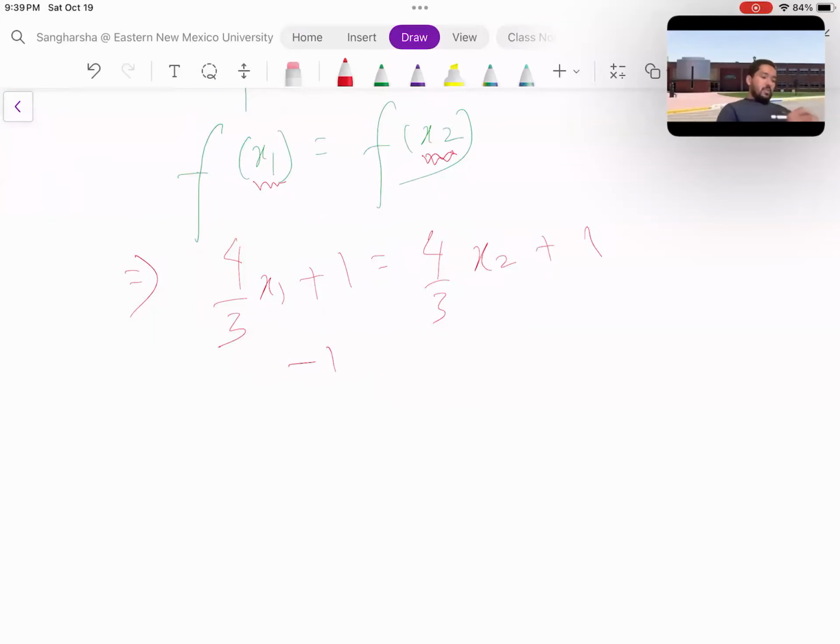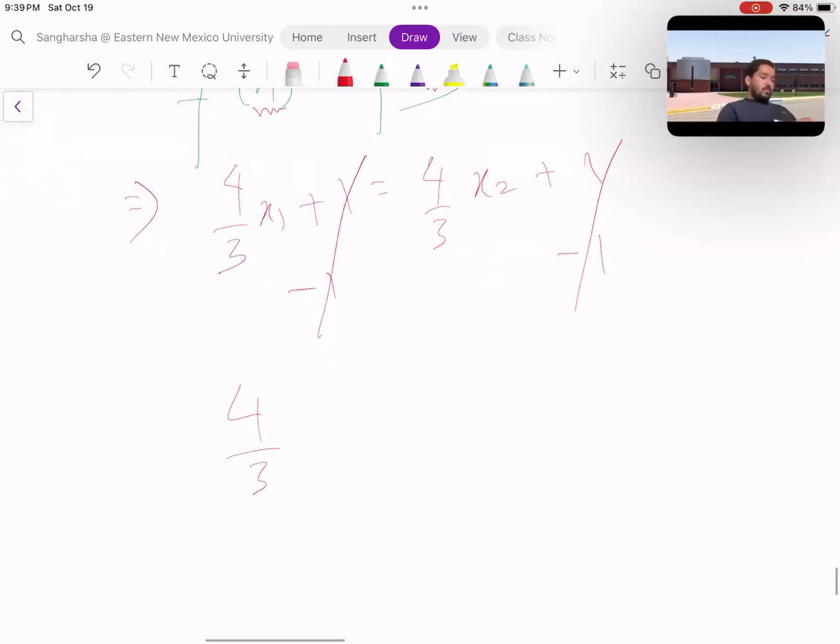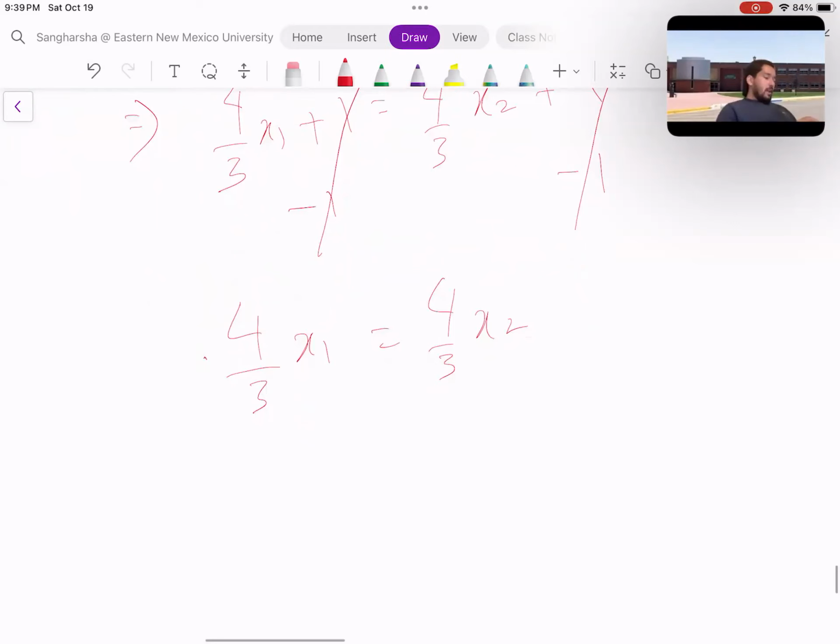Now let's subtract 1 on both sides. This is gone. This is gone. We have 4 over 3 x1 equals 4 over 3 x2. You multiply both sides by 3 over 4.